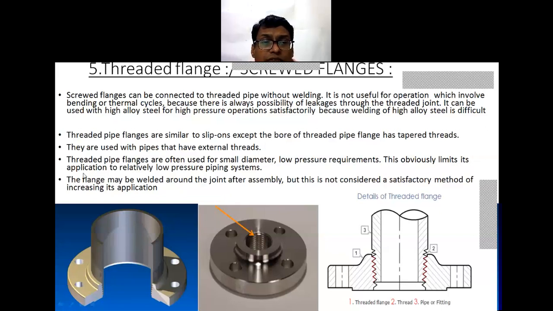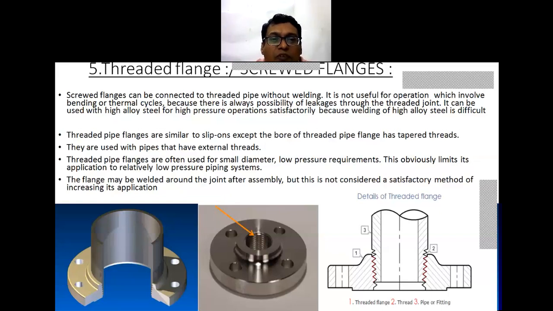These threaded pipe flanges are often used for small diameters and low pressure requirements. We cannot use it for high pressure requirements because it is not a fixed joint. From the threads it may leak. There is a possibility, so it is used for low pressure requirements. This obviously limits its application to relatively low pressure piping systems.